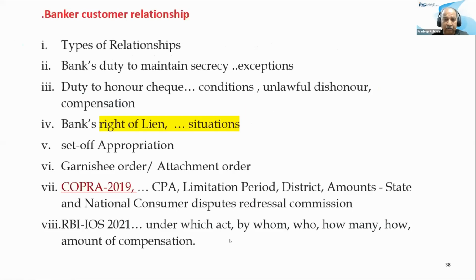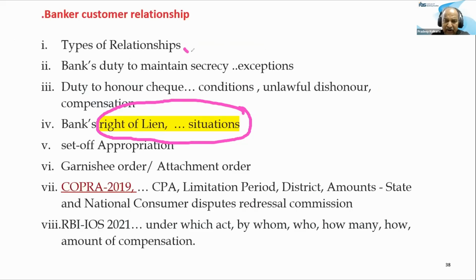There are a few things relating to Copra we left over yesterday, and one important change recently happened with regard to the right of lien, and you need to make a note, because a very impactful judgment came. Otherwise, a doubt can arise in the mind whether banker's lien is a particular lien or a general lien.